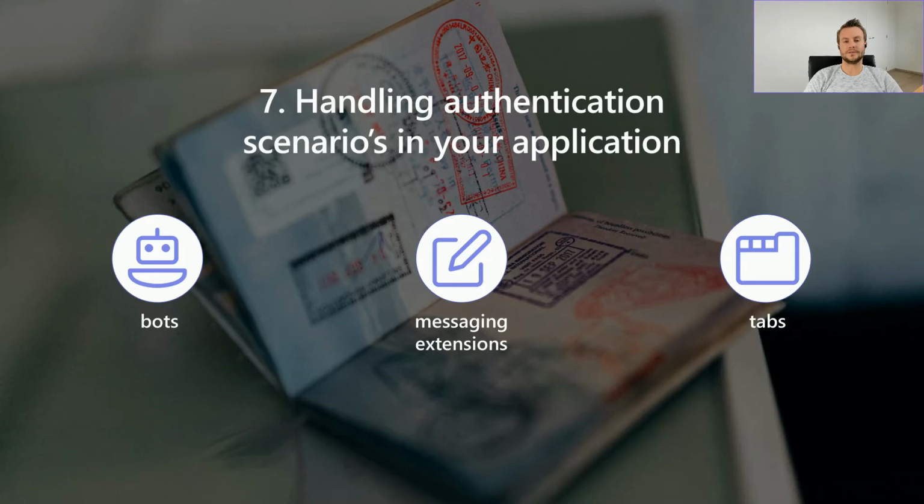Now, bots and messaging extensions, they don't really have a UI except for the adaptive cards. Now with tabs, you've got a whole website that's shown right inside Microsoft Teams. So first of all, you have to think about all the authentication scenarios that can happen in your application inside of this tab.